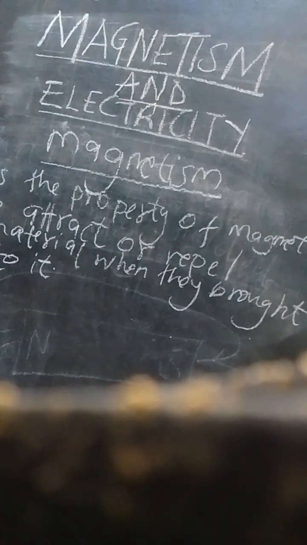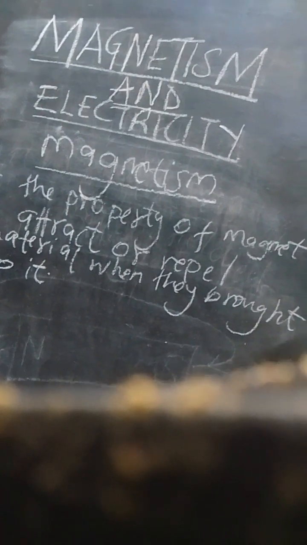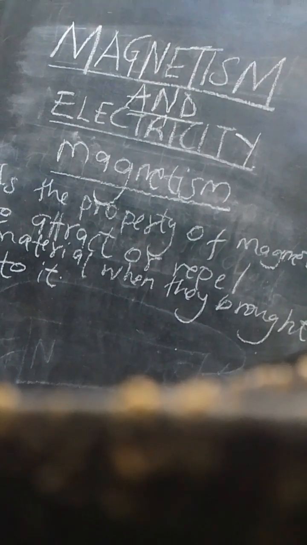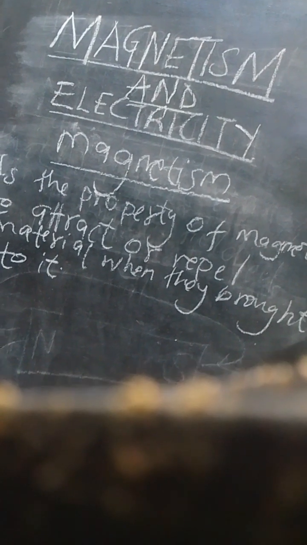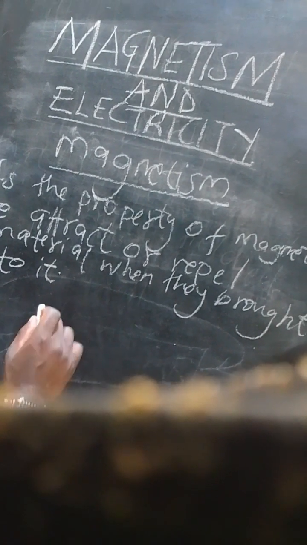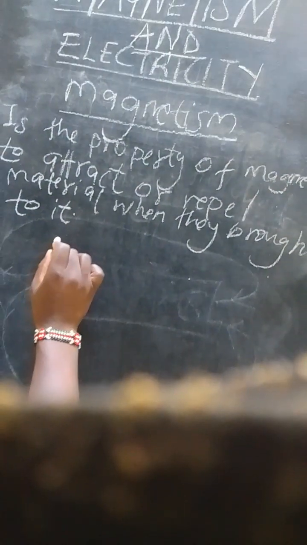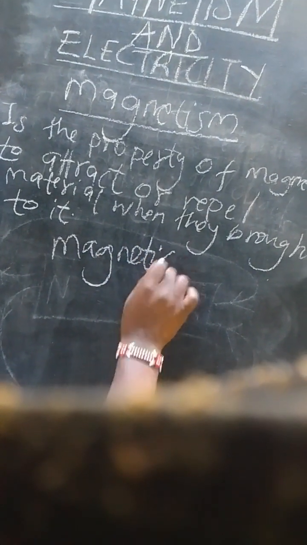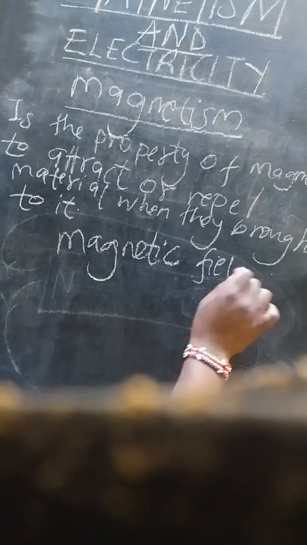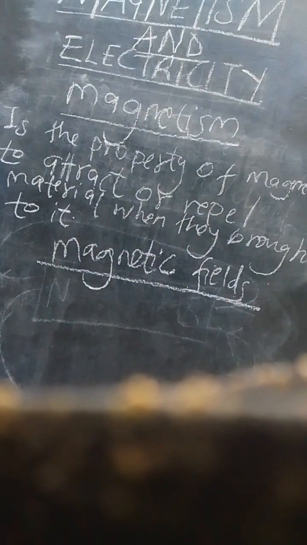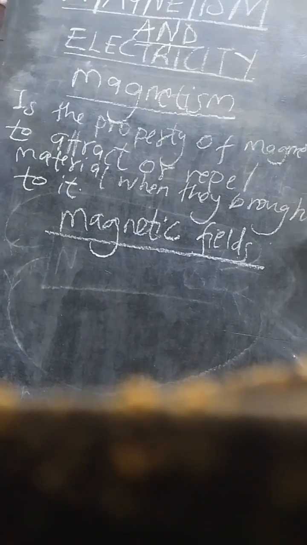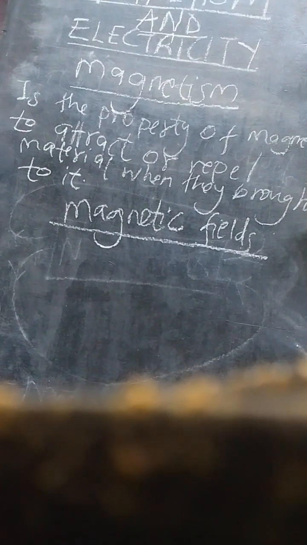Having said that, we'll talk about magnetic fields. We get a magnetic field from a paramagnet or from other types of magnets.